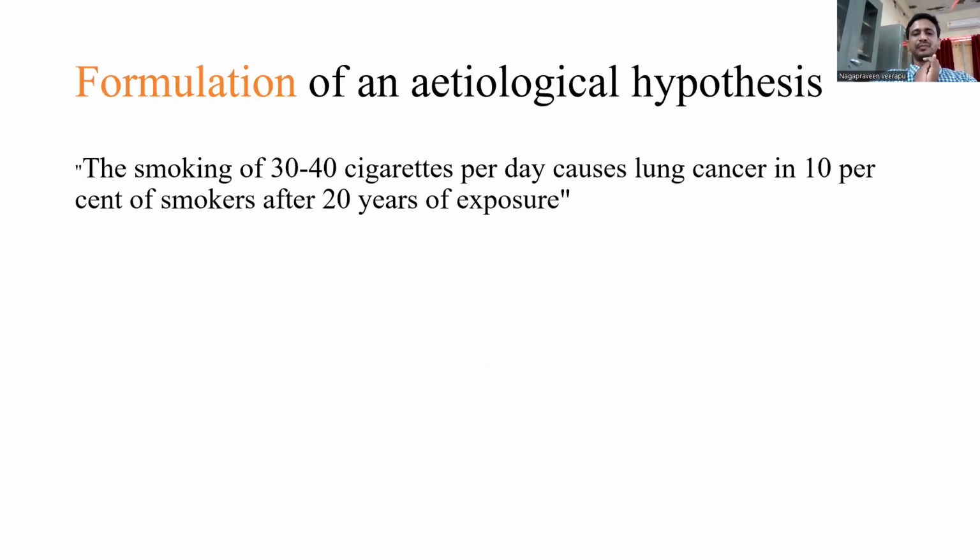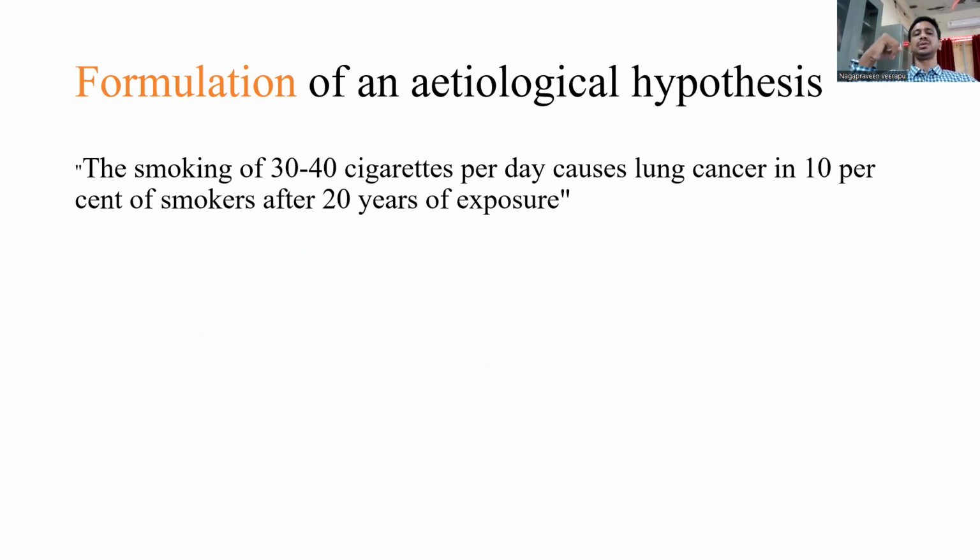Suppose you are formulating a hypothesis, so the dose response and the time you have taken. Smoking of 30 to 40 cigarettes per day causes lung cancer in 10% of smokers after 20 years of exposure. Suppose a person is taking 30 to 40 cigarettes per day, that is the dose.